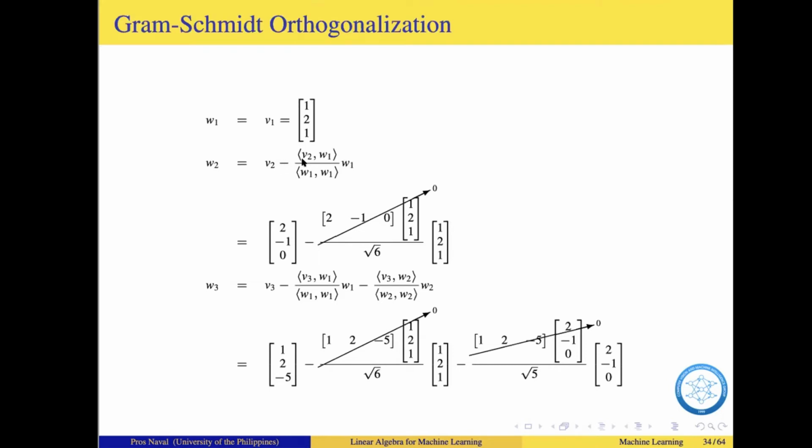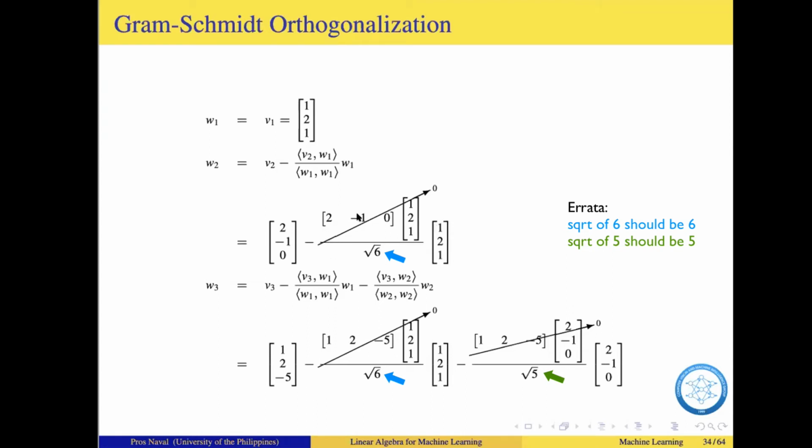W2, using this formula, is V2 minus this quantity divided by that quantity, multiplied by V1, which is W1 now. Sorry, W1, which is the same as V1, and it's this vector here.